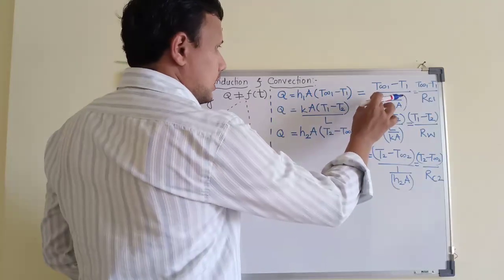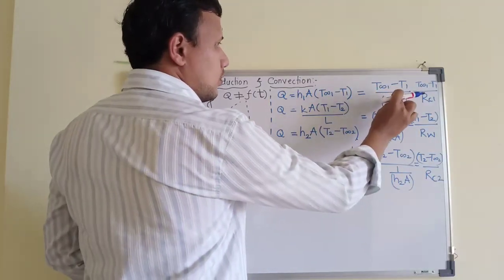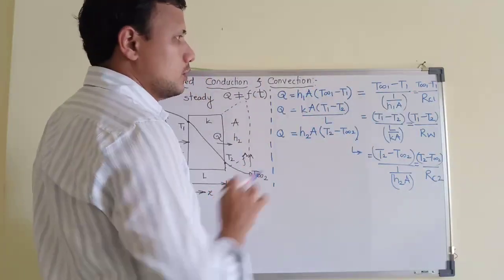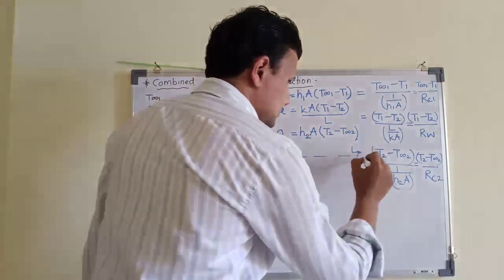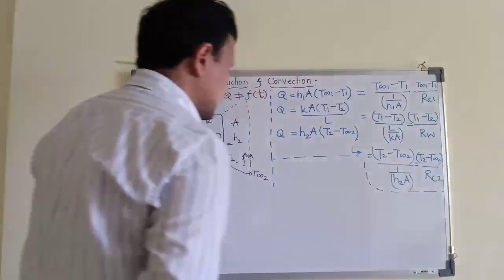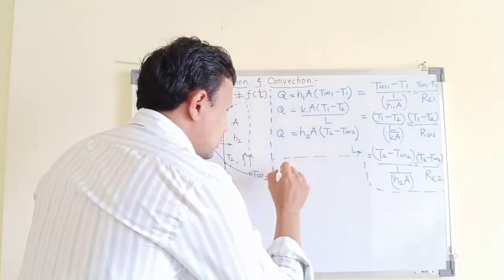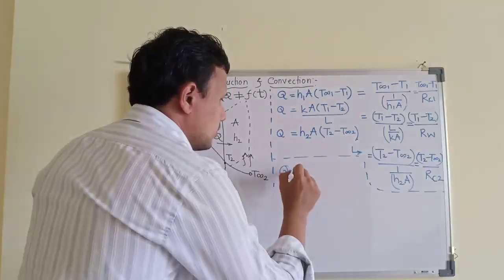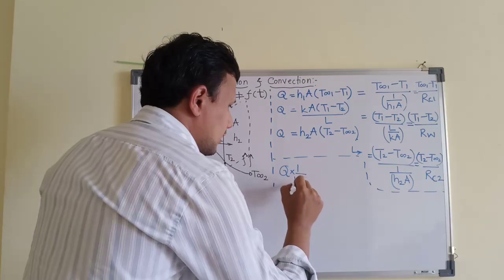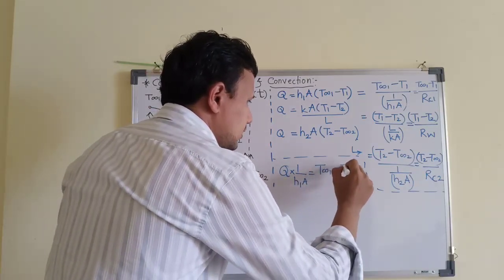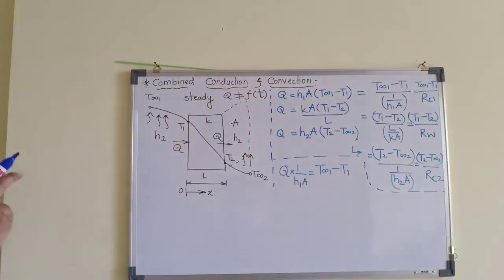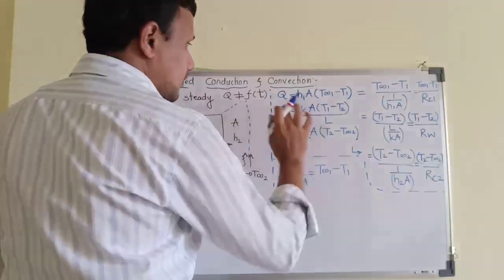What I will do now, I will simply take out this 1 upon HA and multiply it with Q, so that what remains with me is only the temperature difference. And I will do this for all the cases. So I can say Q into 1 upon H1A is equal to T infinity 1 minus T1. Now same exercise we can do for the second equation also.